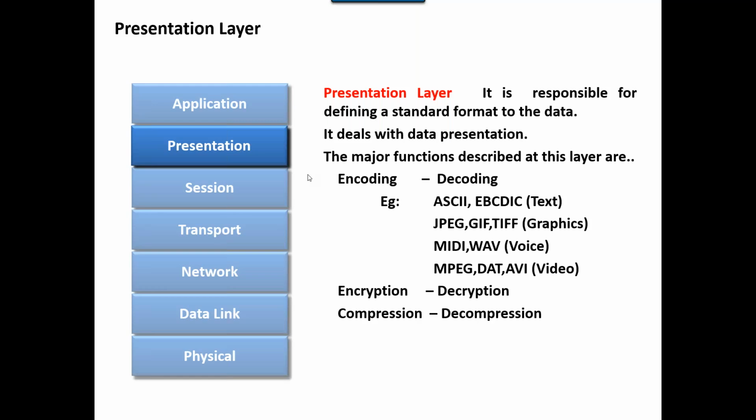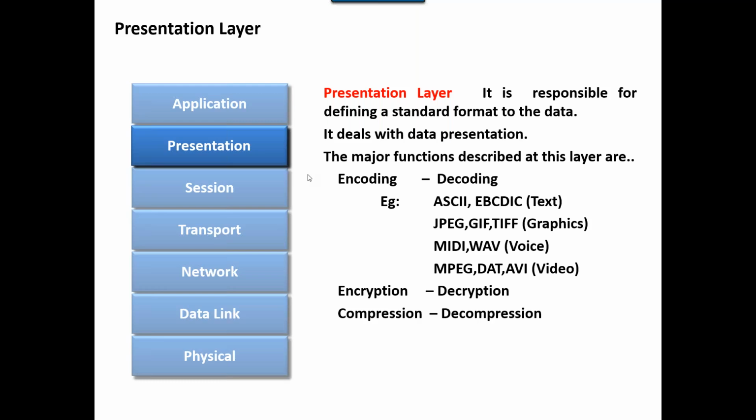Right? Same like that, in our computer also, sending data from one PC to another PC means not only text messages. Sometimes it will send audio, sometimes video, sometimes graphics, from one PC to another PC. But the system doesn't know which is audio, which is video, which is graphics, which is voice.